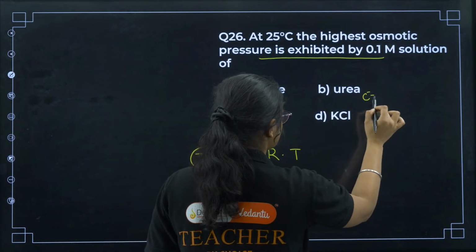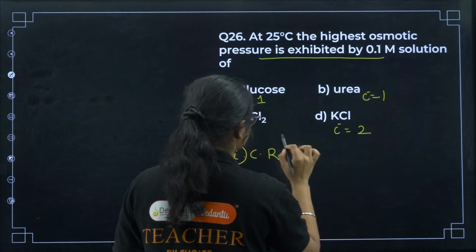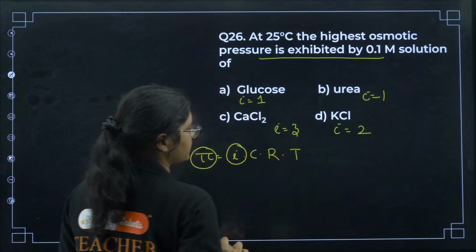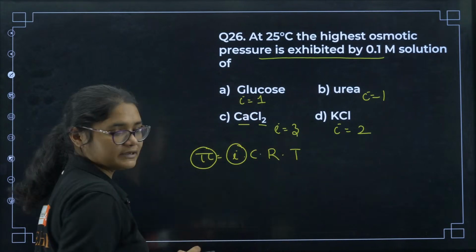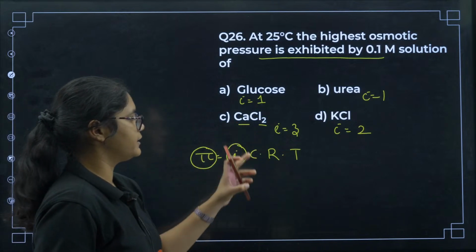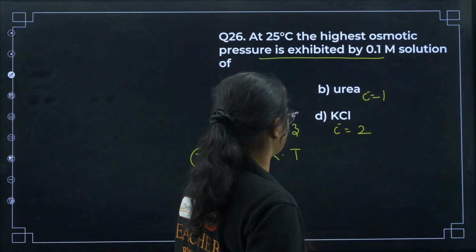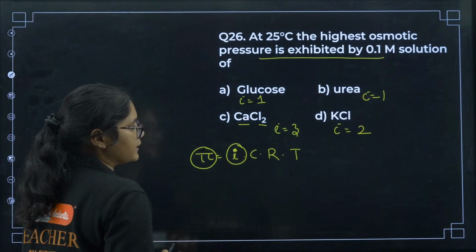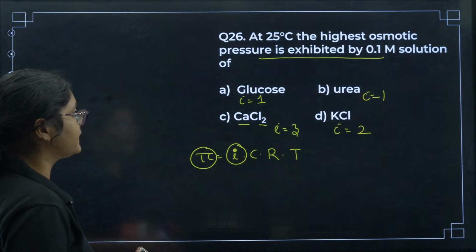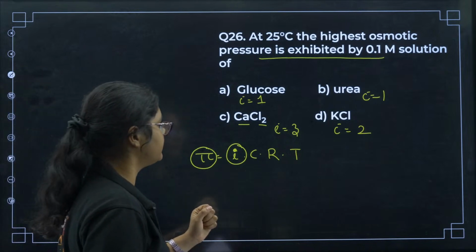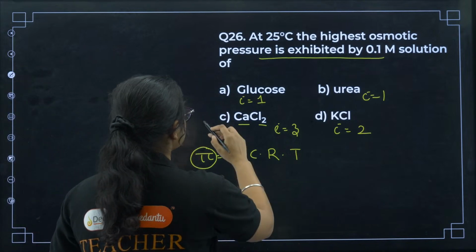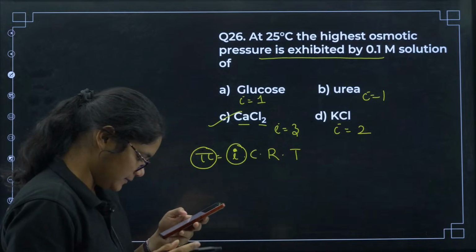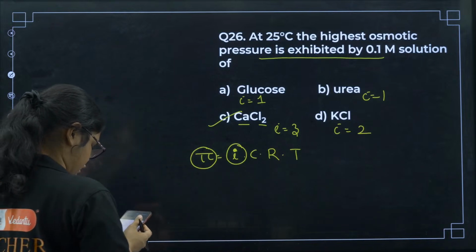Here also I value is 1, here the I value is 2, and here the I value is 3. You can see how the ions will dissociate. You will get 1 calcium and 2 chlorine, K+ and Cl-. So I value will be maximum here. The correct answer will be option C. Yes, Karthik Professional is correct here.